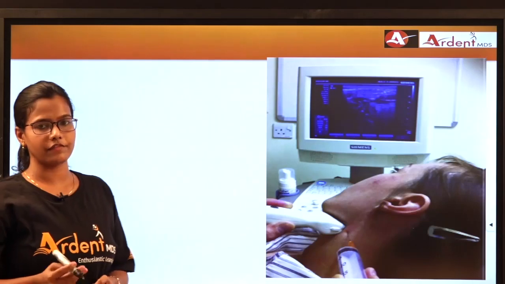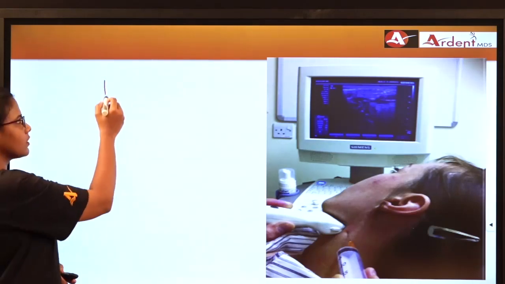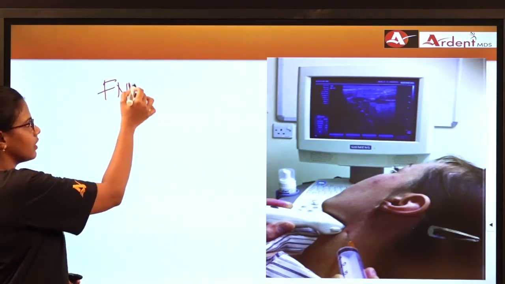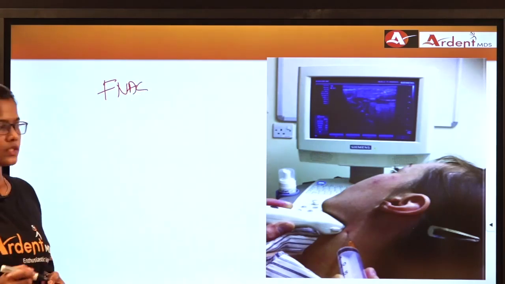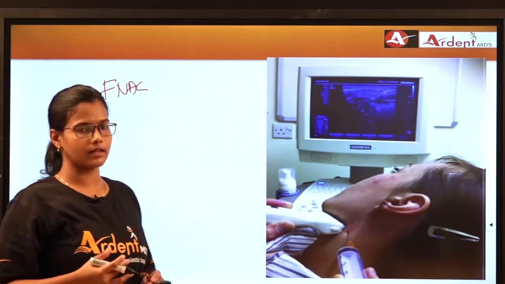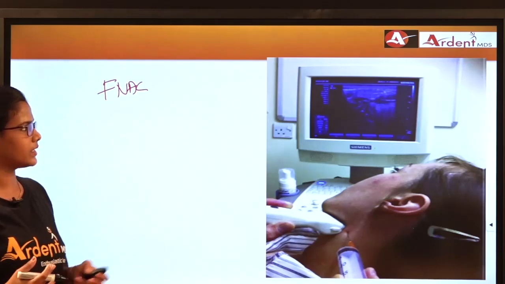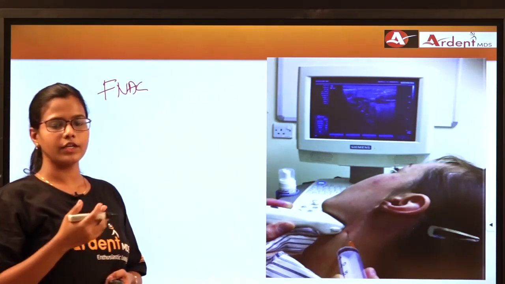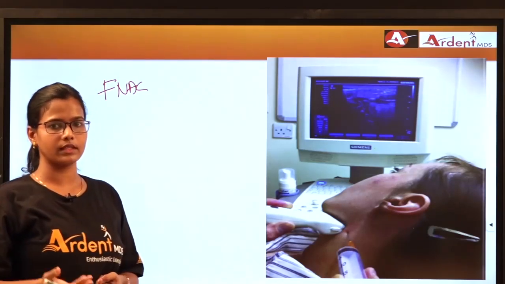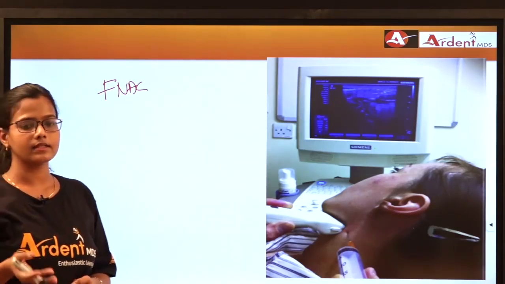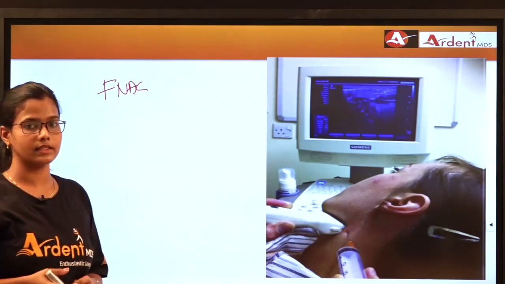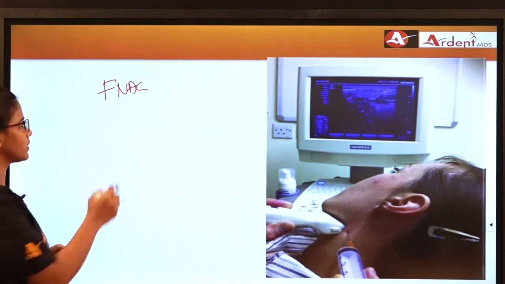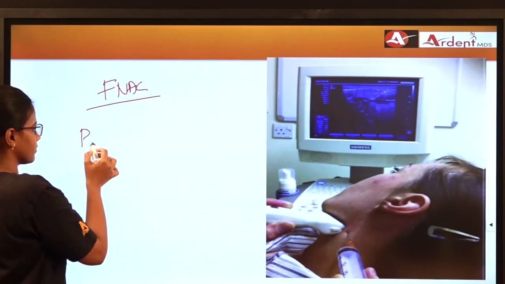Next comes FNAC. FNAC is another gold standard of diagnosing tumor. Mostly the FNAC is done guided with a USG. So you can distinguish between a neoplastic and a non-neoplastic disease, as well as benign and malignant disease with FNAC.